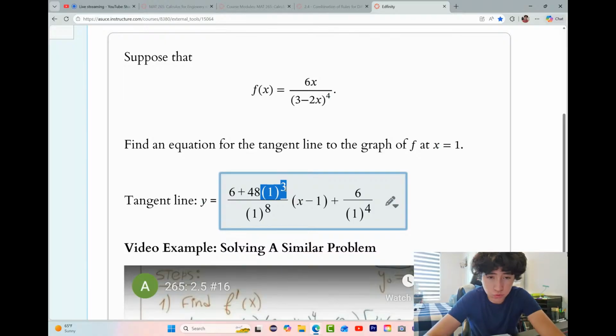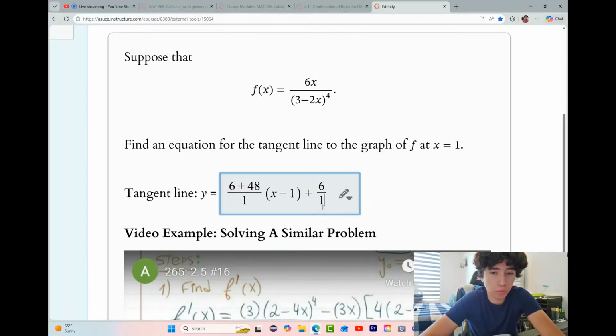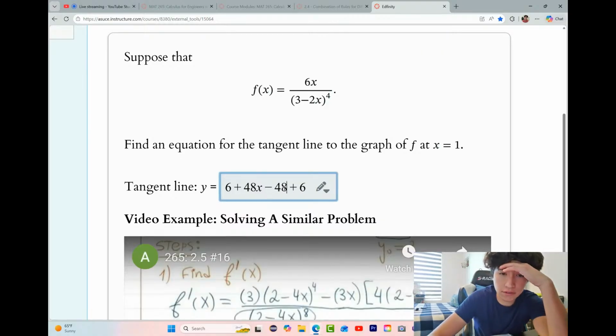So 48 times 1 is 48. 8 to the power of 1 is 1. So that's simply 1. 6 over 1, so we can get rid of that. Then we have 48x minus 48.